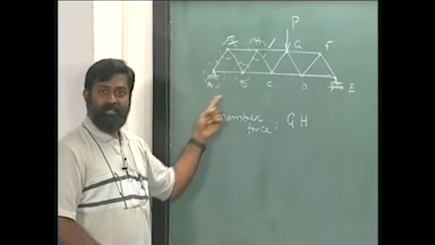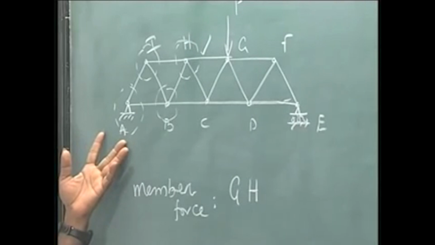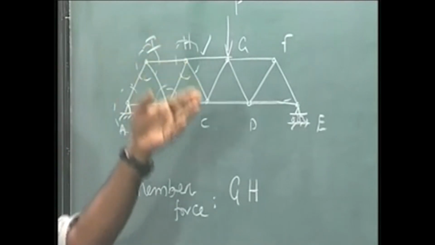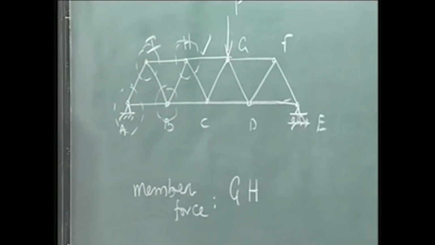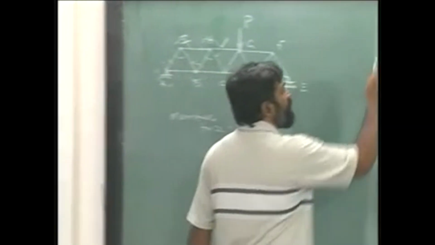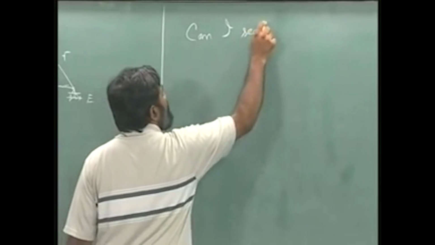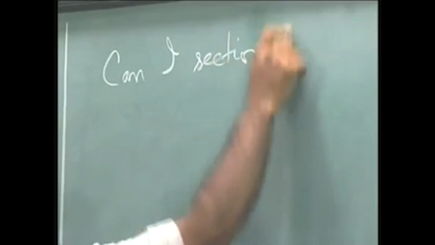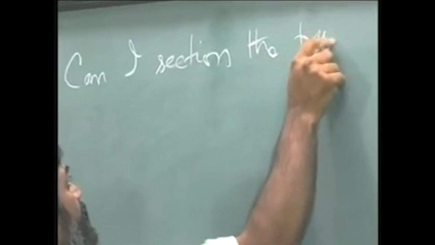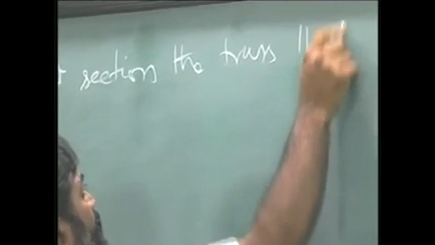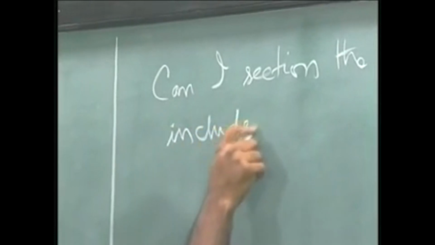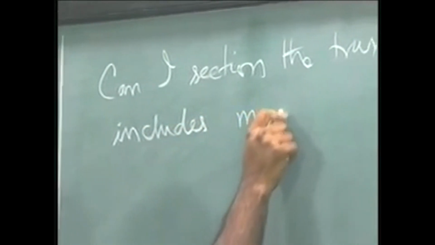I did a section like this. Who prevents me from making another section which includes many joints? Okay. So, the question that I can ask is, can I section this truss that includes many joints?